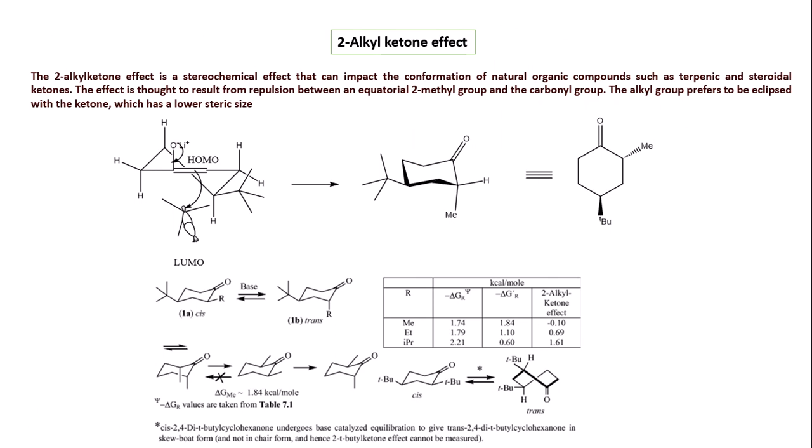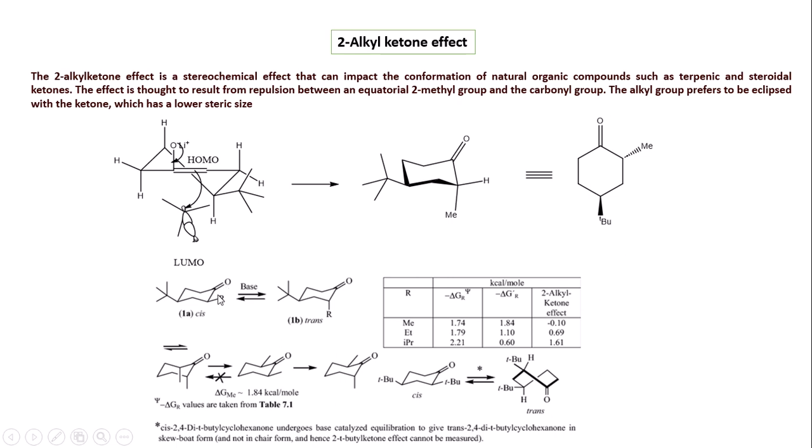Now we wish to discuss the 2-alkyl ketone effect. What is the 2-alkyl ketone effect? It means that if the alkyl group is present at the equatorial position adjacent to the carbonyl group, then there is a steric interaction, as the dihedral angle between the carbonyl oxygen and the alkyl R group is more or less eclipsed in nature.